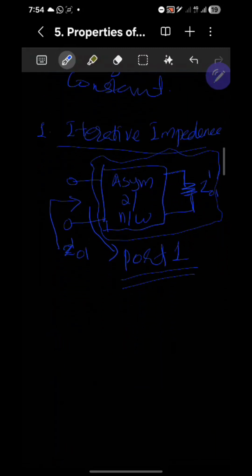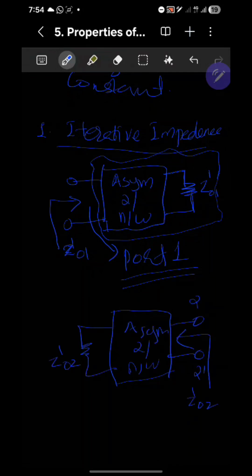Similarly, the same is applicable for port 2. What is the iterative impedance of port 2? Same network. The same way, if we terminate the input side by an impedance, let us say Z dash 02, then if we are looking from the output of the network and we are seeing the same impedance, then it is called the iterative impedance of the port.